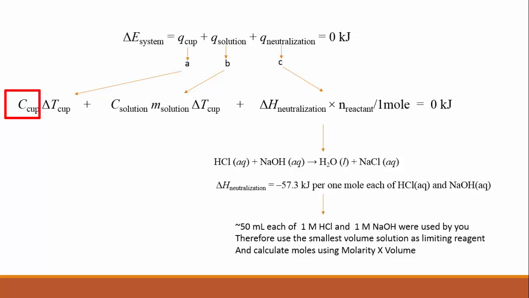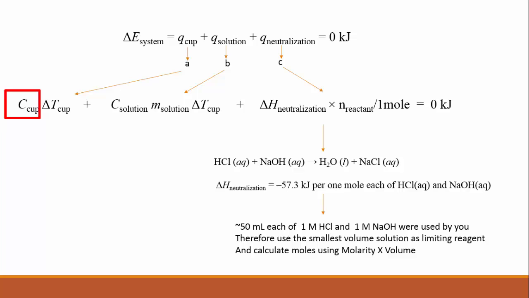Down over here, you added approximately 50 milliliters. What you recorded actually was the mass of both of those solutions. And if you assume the density of those solutions is 1 gram per milliliter, you can then determine what the volume is that you added. The one that comes out to be the smallest volume is going to be your limiting reagent.